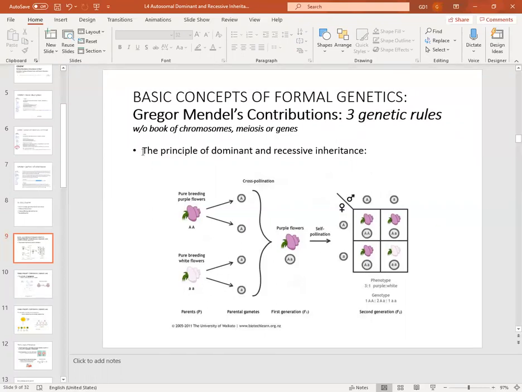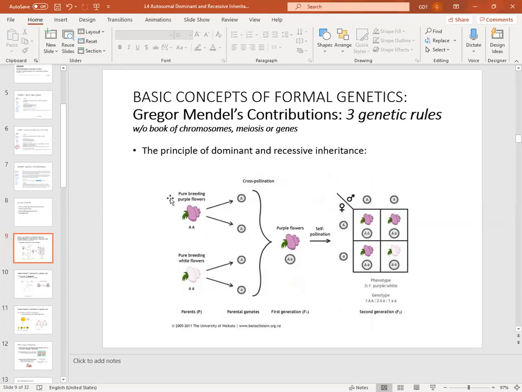The first rule is about dominant and recessive inheritance. Here, one kind of trait can dominate over another phenotype.